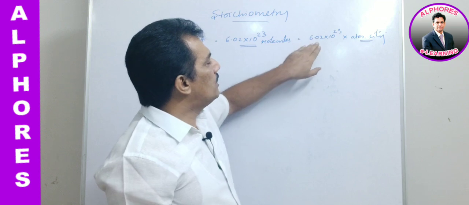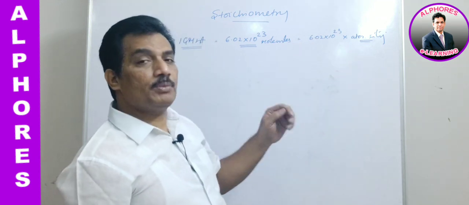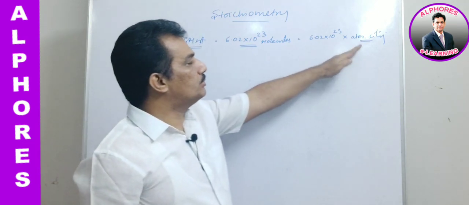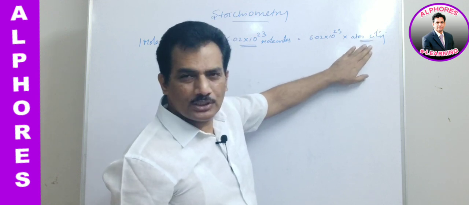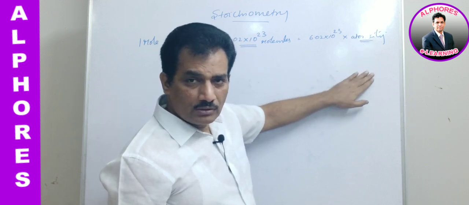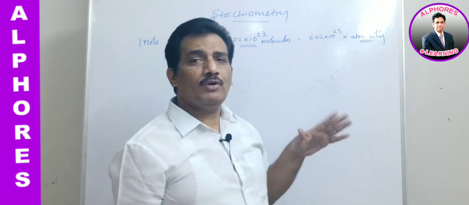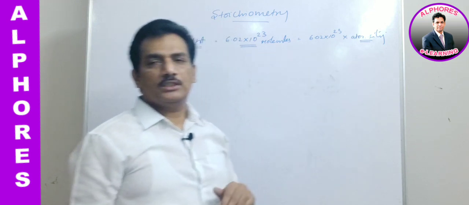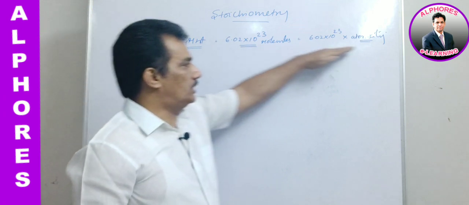So it will be Avogadro number into the number of electrons present per molecule. For atomicity, it is the number of atoms per molecule. If electrons, the number of electrons per molecule. If ions, the number of ions per molecule. Like that we can use this mole concept related with the gram molecular weight.